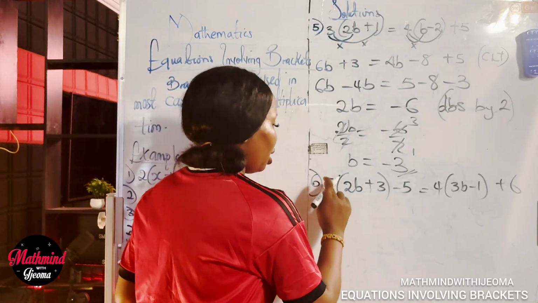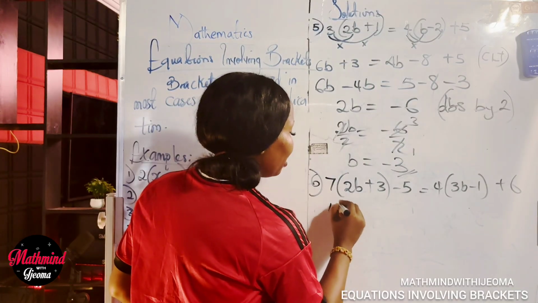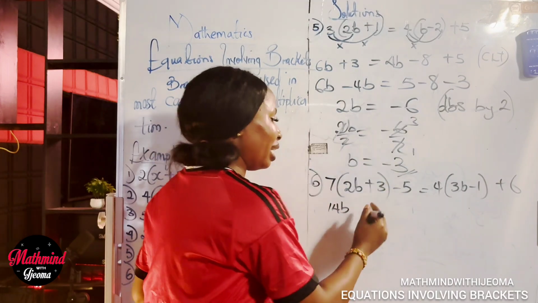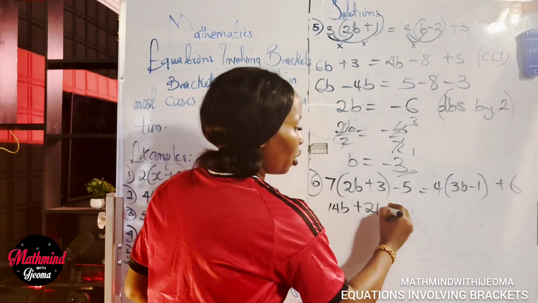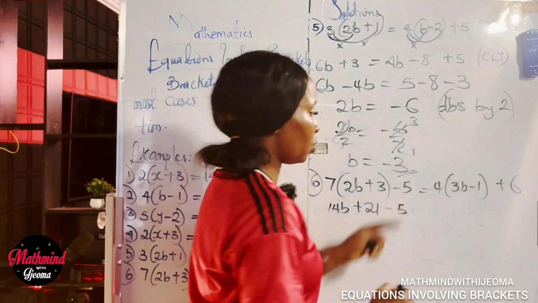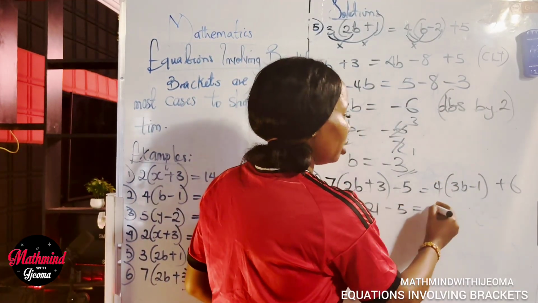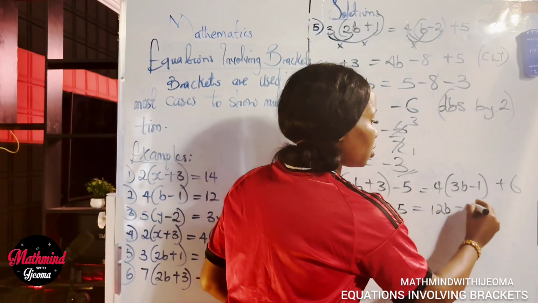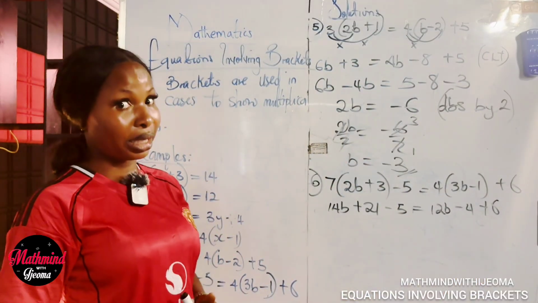So we have 7 times 2b, 14b. Then 7 times plus 3 is plus 21. Then you have your minus 5 here, equal to 4 times 3b, 12b. 4 times minus 1, minus 4. Then you have your plus 6. We are done with the bracket.